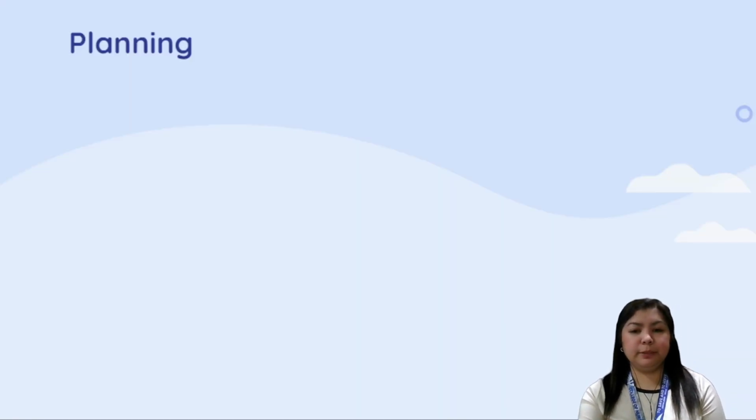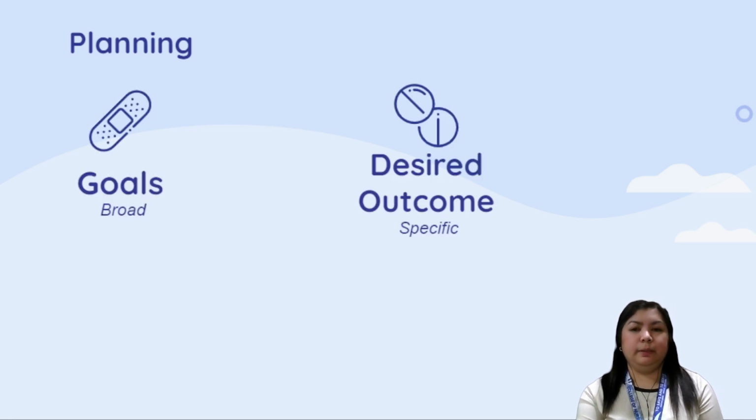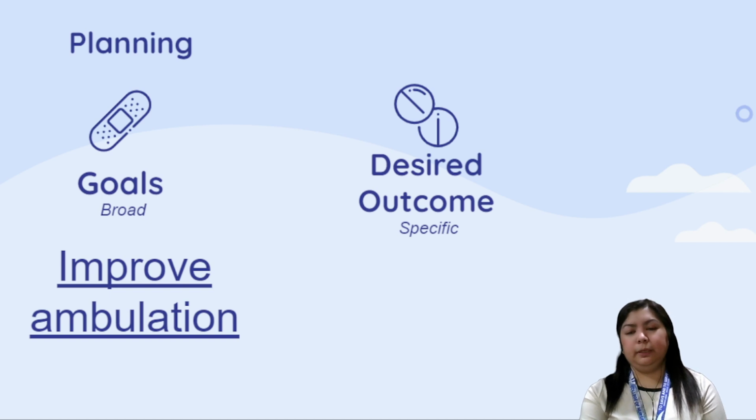Now, let us proceed with how we differentiate goals from desired outcomes. Goals are broad statements, while desired outcomes are stated specifically. Say for example, your goal is to improve ambulation, so the manner a patient walks or moves.